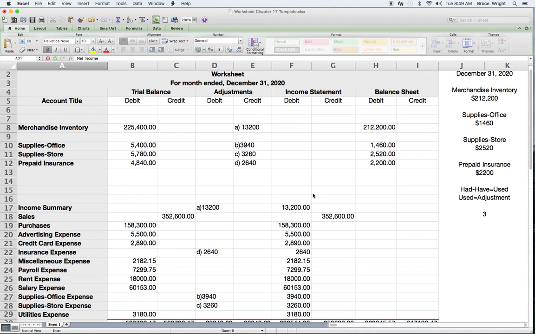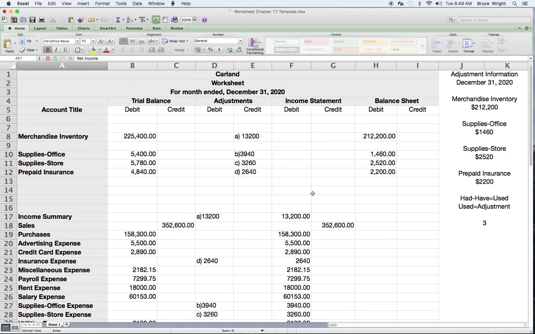Now, there's one thing I do want to mention up here. It is very possible that merchandise inventory at the end of the fiscal period could be more than at the beginning. And all that means is we bought more than we sold.